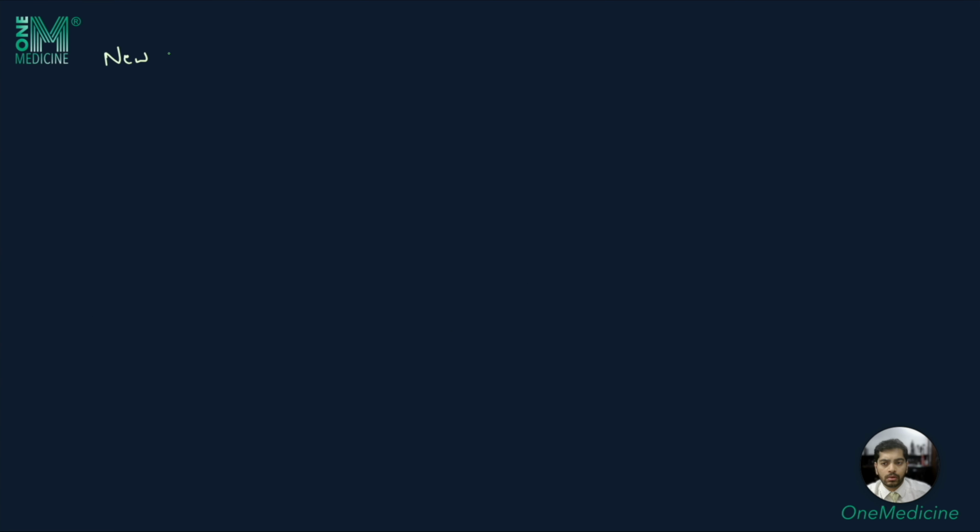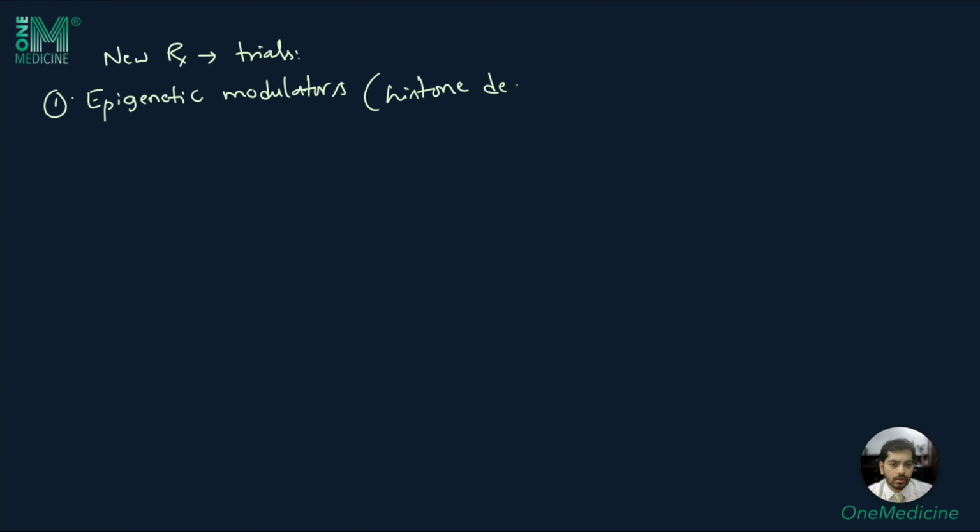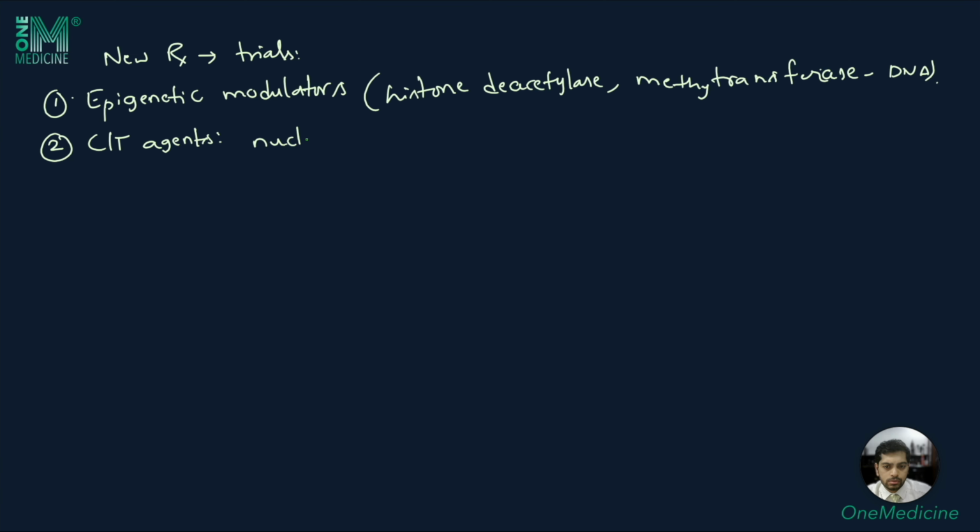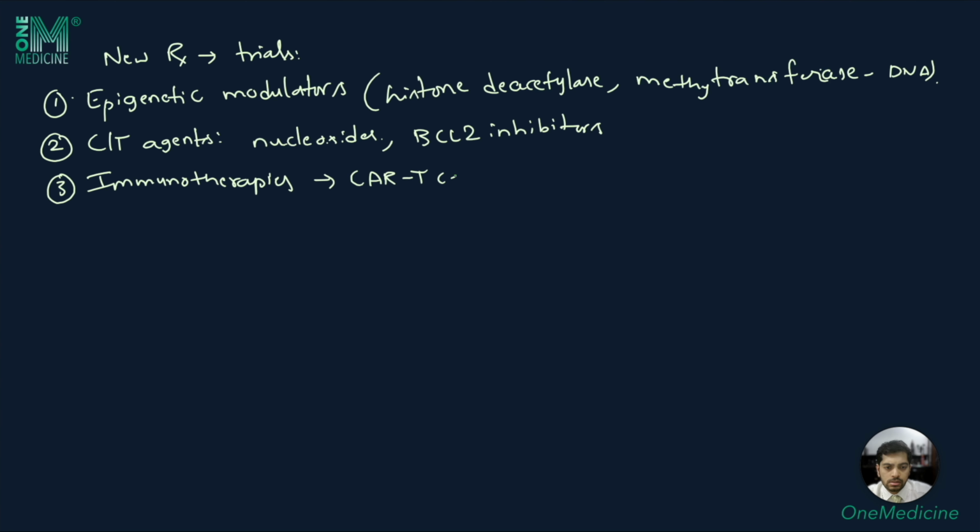There are many new therapies which are in trials, and these include epigenetic modulators such as histone deacetylase and DNA methyl transferase inhibitors, chemotherapy agents including nucleosides, BCL2 inhibitors, and immunotherapies such as CAR T cells, that is chimeric antigen receptor T cells, antibodies, and immune checkpoint inhibitor therapies are being trialed.